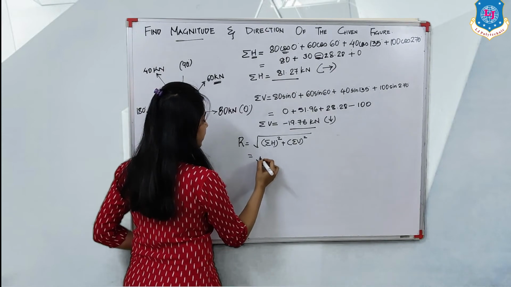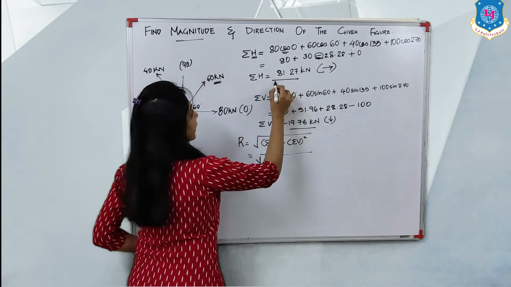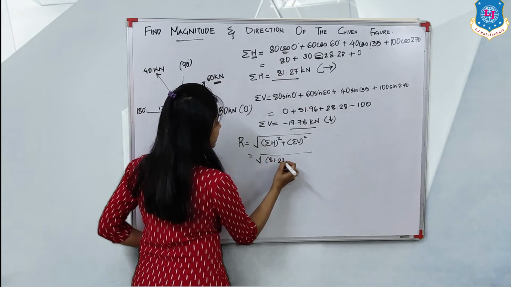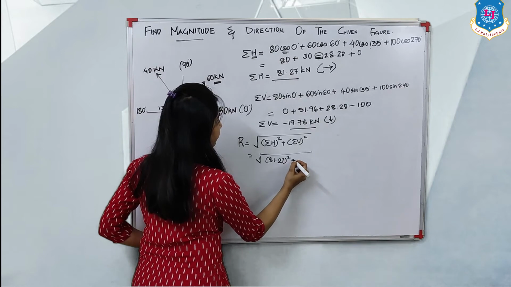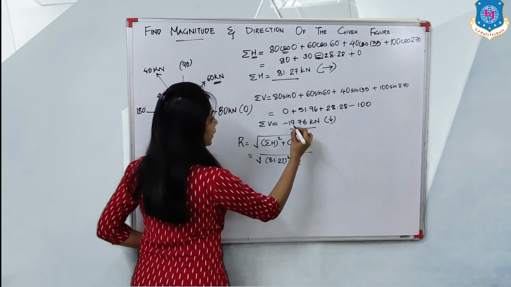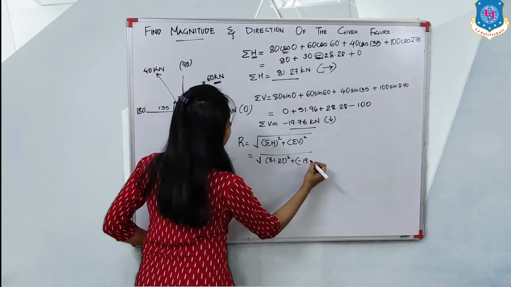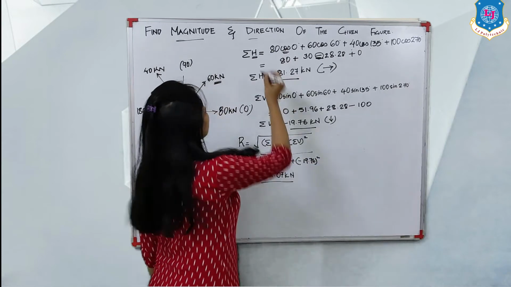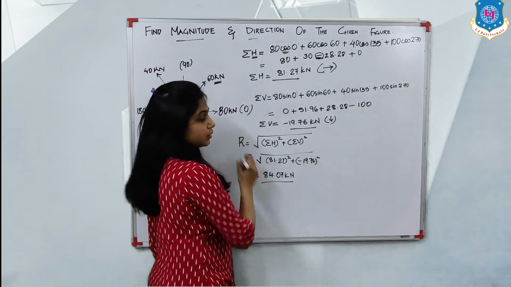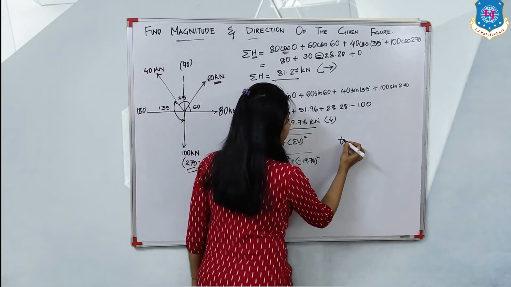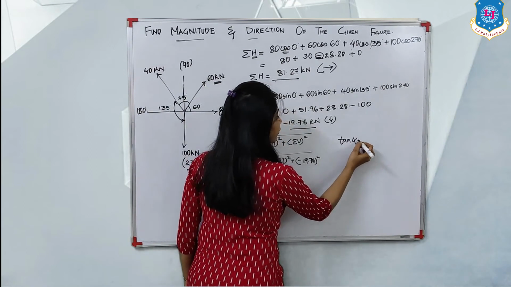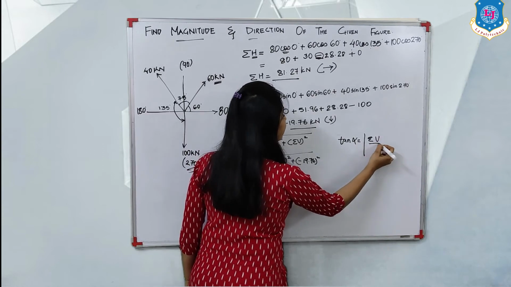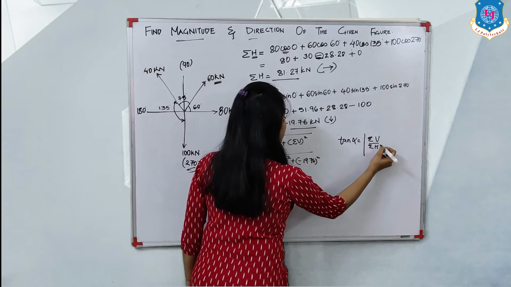Now substituting the values, h is 81.27 the whole square plus minus 19.76 the whole square. Now, in order to find the direction, my formula will be tan alpha equals mod of sigma v upon sigma h.